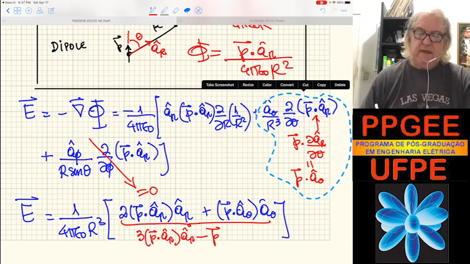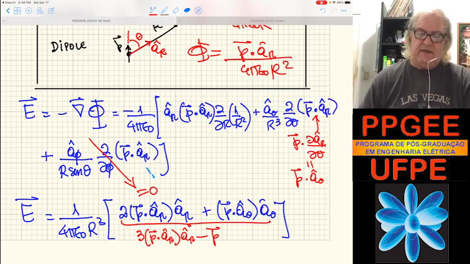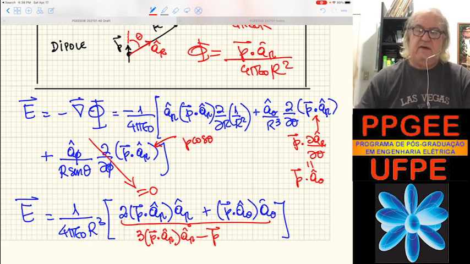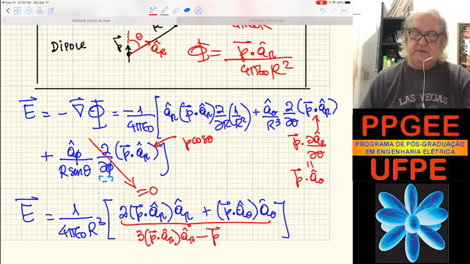In fact, if you work this one out, this one is P cosine theta. You can formally take the derivative of this term, or just knowing that it's P cosine theta, I know that the derivative relative to phi equals 0.